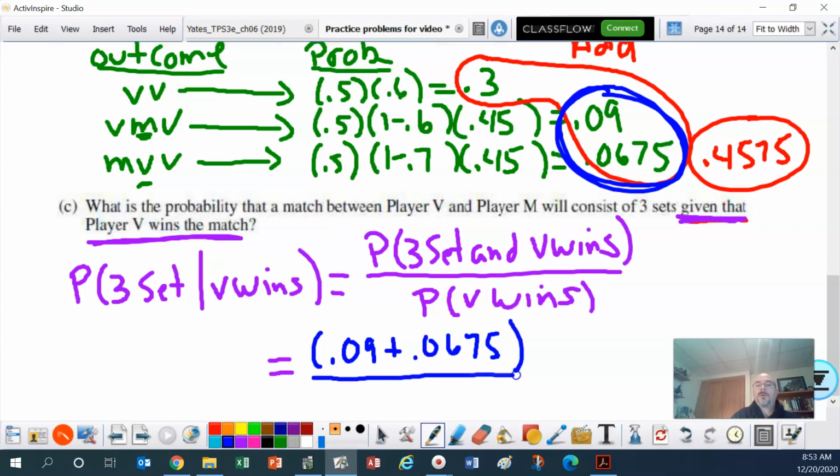Now divide by the probability that she wins, 0.4575. And guess what? That's going to give us about 0.344. So there's about a 34% chance that the match between player V and player M will consist of 3 sets, given that player V wins the match.